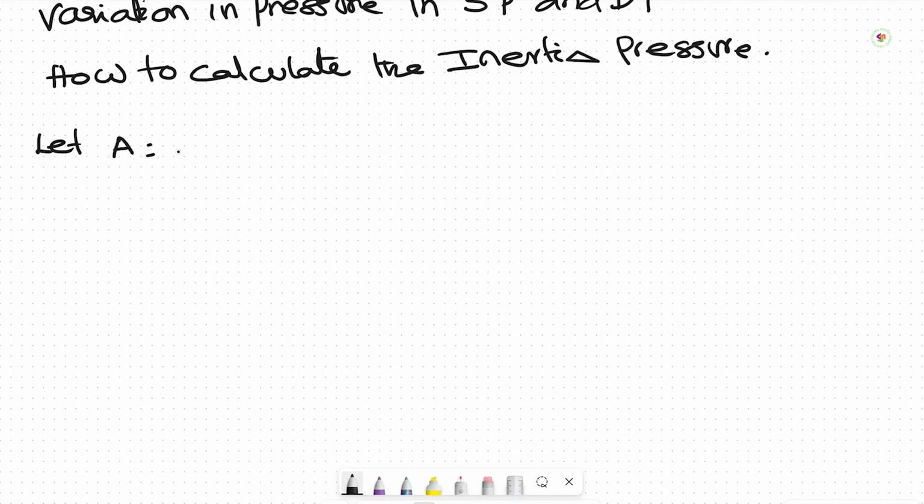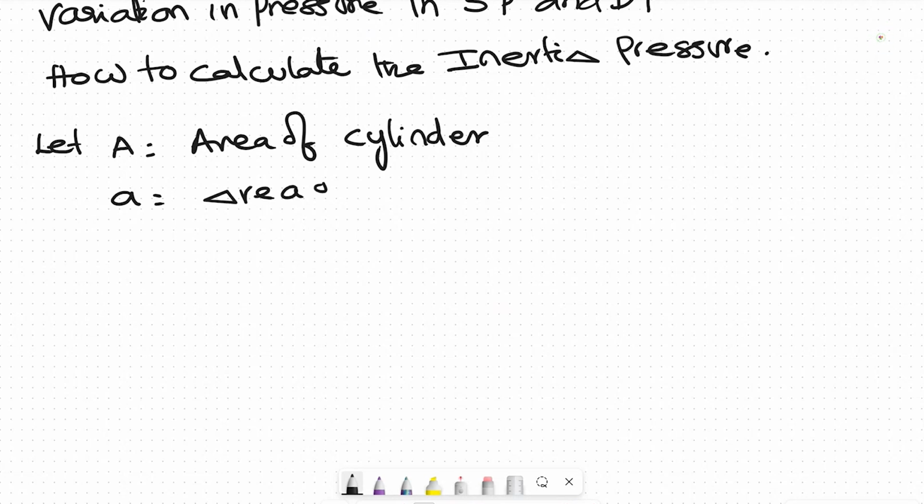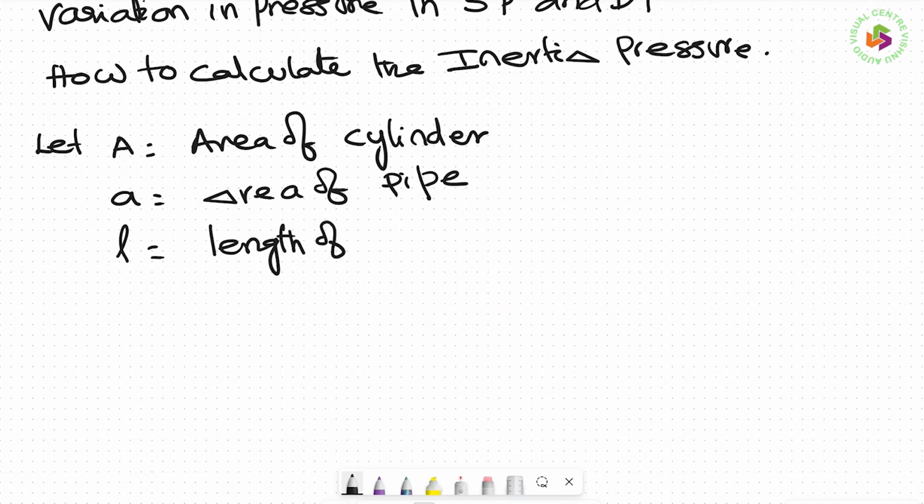Let A be the area of cylinder. Let us start with that. Small a is the area of pipe. The moment I deal with the suction pipe, I call it AS. The moment I deal with the delivery pipe, I call it AD. Then L is the length of pipe: LS is the length of suction pipe and LD is the length of delivery pipe. R is the radius of the crank.